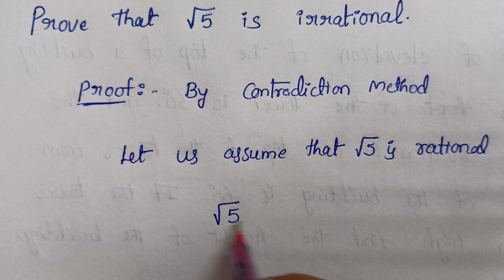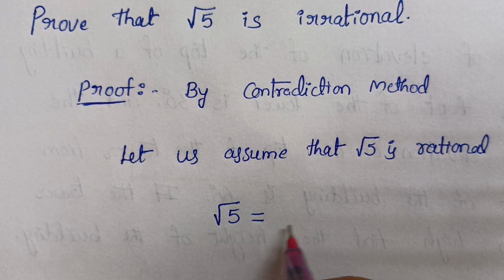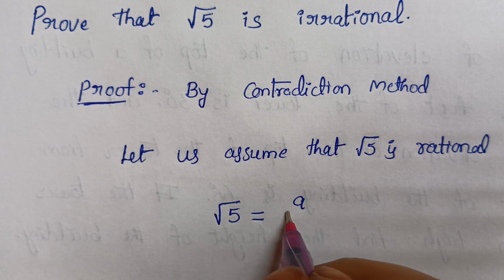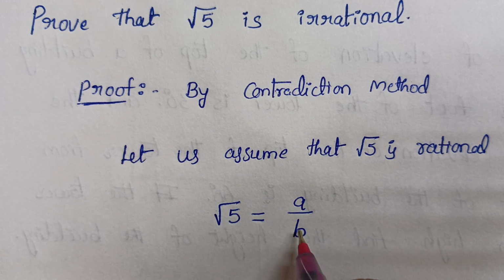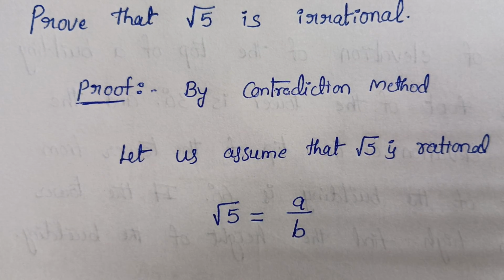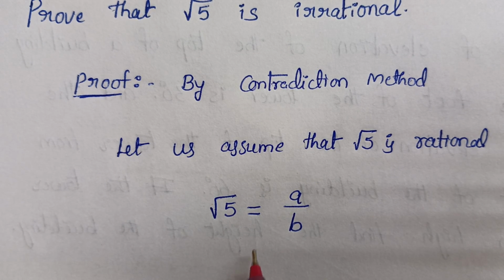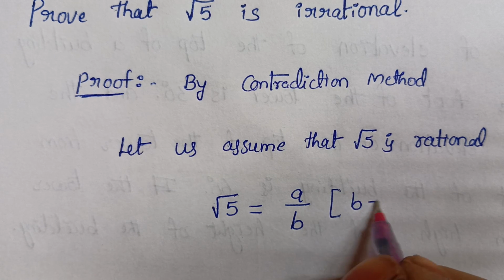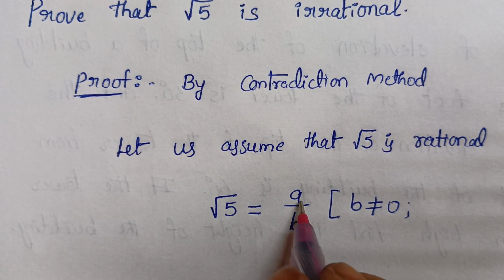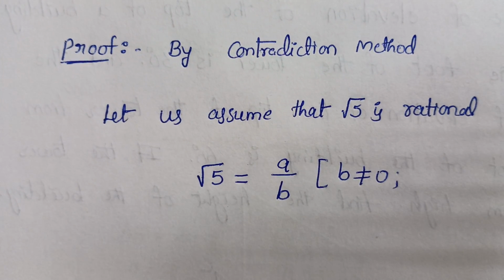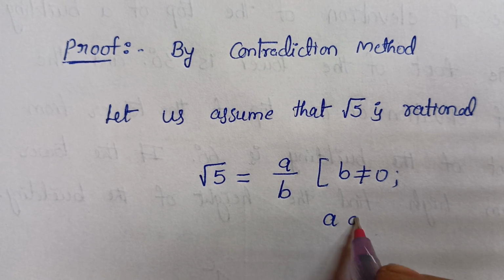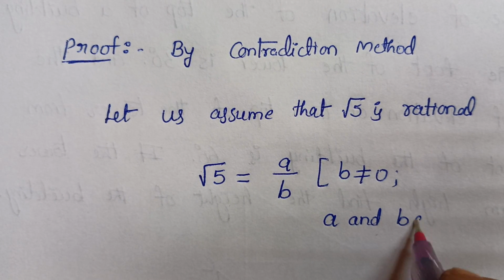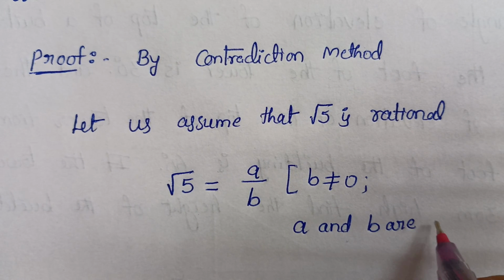So root 5 equal to rational means p by q form. So I am writing a by b, the p by q form. Here the main point we have to remember: b is not equal to 0, and a and b are co-primes.